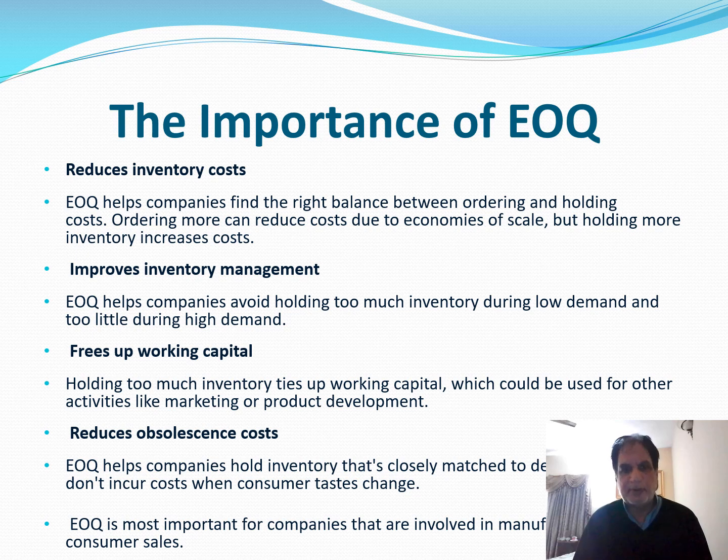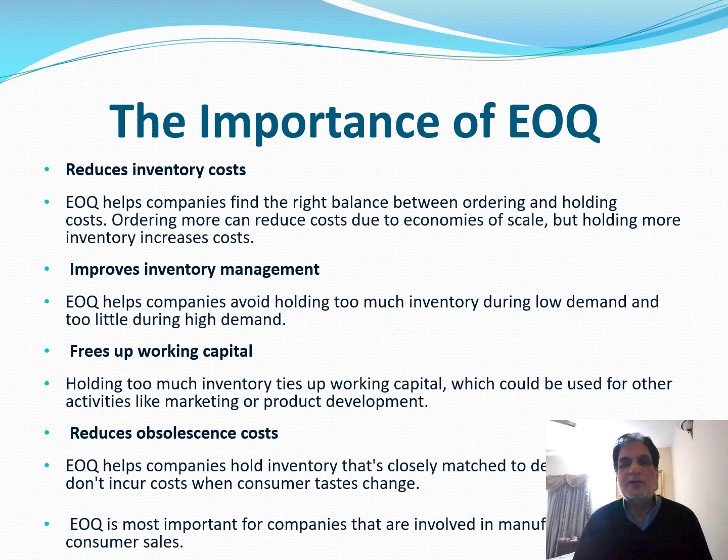Number three, frees up working capital. Holding too much inventory ties up working capital, which could be used for other activities like marketing or product development. If we have exact or optimized inventory in our stocks, we don't have too much money tied up in this inventory, so we can use the same money for other purposes, plus return on investment might increase.